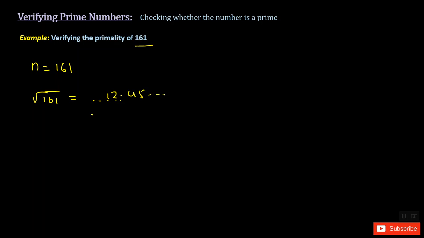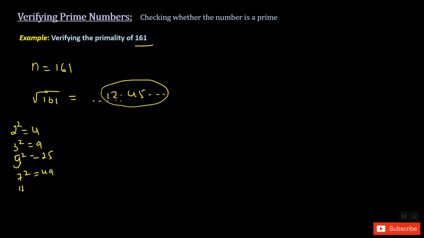Now you have to divide n by all the prime numbers which are lesser than this. Why am I saying the square root of 161 is 12 point something, how did I know? Look at how I concluded. 2 square is 4, 3 square is 9, 5 square is 25, 7 square is 49, then the next prime is 11, square is 121, and the next prime is 13, square is 169.